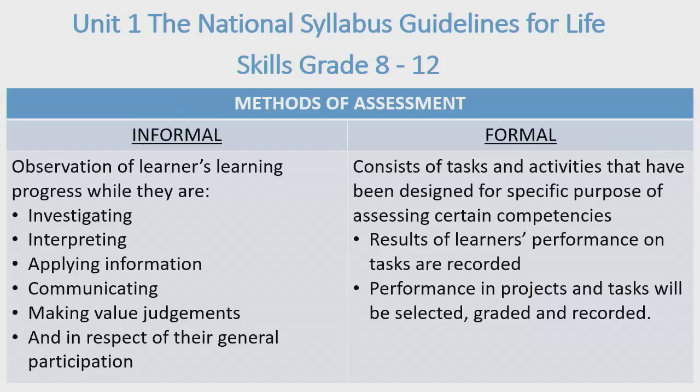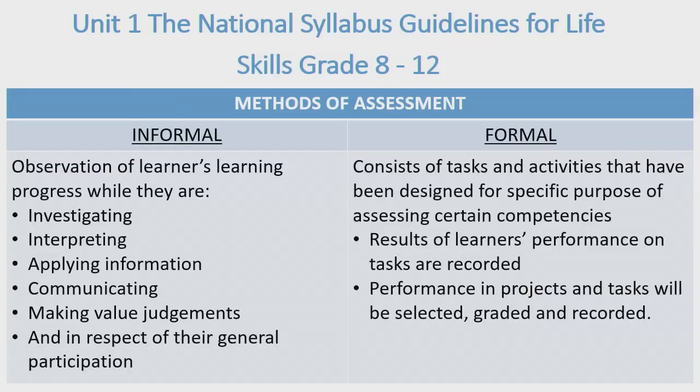So investigation, interpreting, applying information, communication, making value judgments, and in respect of their general participation. So you as a teacher really need to watch each and every child in your class to see how they are progressing throughout the year, and then make an informed decision from that in terms of assessment.